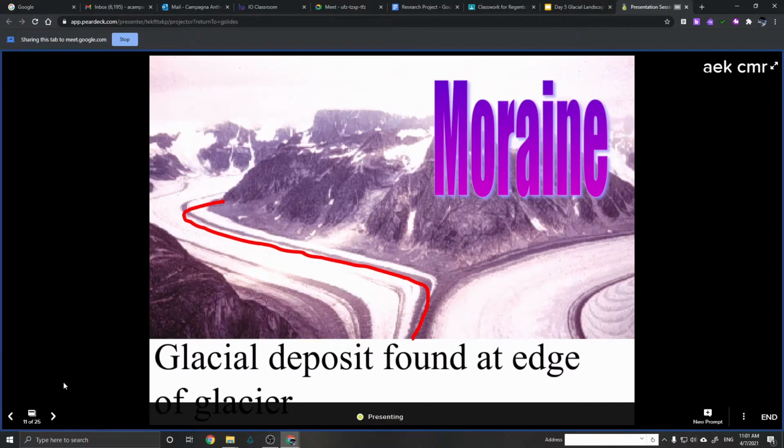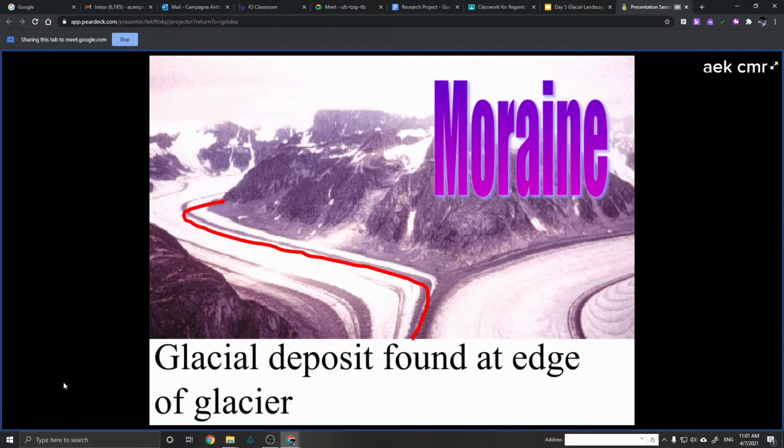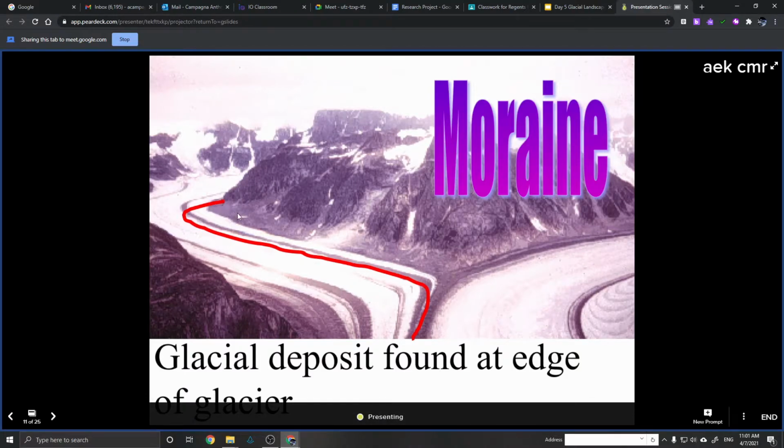Next up we have moraines. Now, moraines are caused by rocks being scraped off the sides of the valley and being transported. So you can see here, this would be a lateral moraine. Here we have another lateral moraine. And you'll notice here's a glacier and here's a glacier. Where these two meet, we end up getting something we call a medial moraine, or a moraine in between the two.